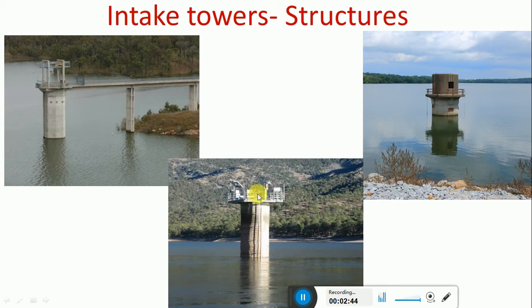It has jack wells and wet wells, through which the water is drawn at regular intervals, and it is conveyed through the inlet conduit. It is laid and conveyed to the water treatment plant. This is how it looks. These are some of the pictures which I have taken.